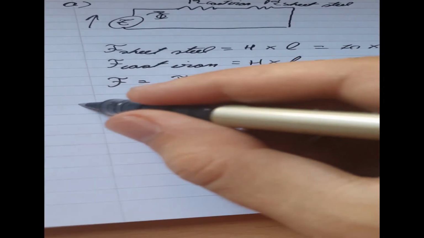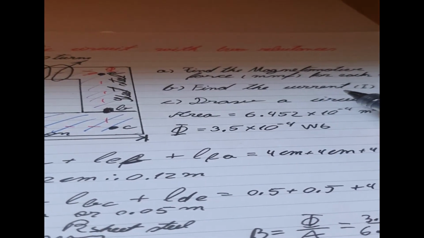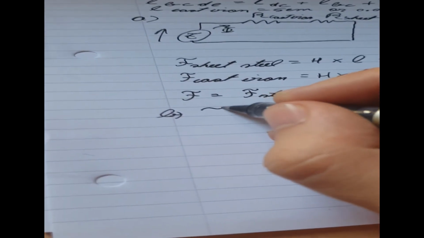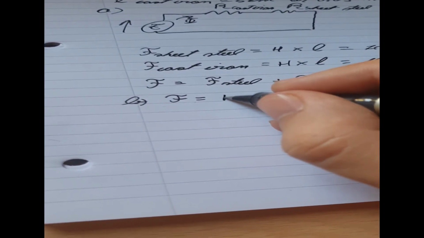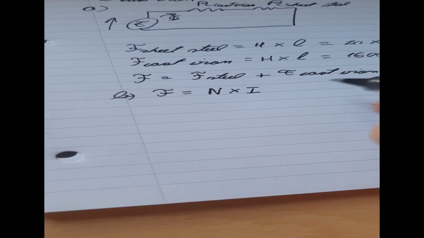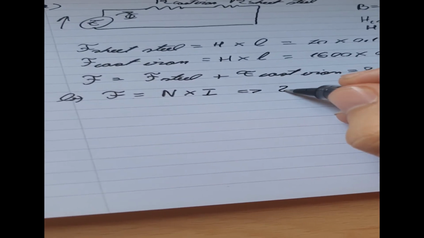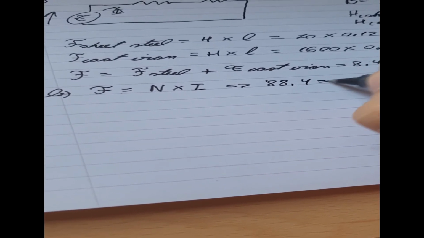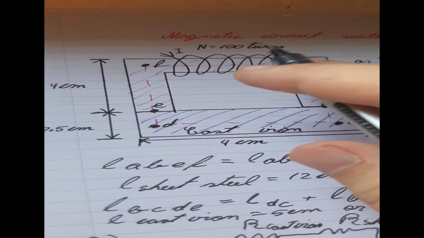And because we found the total one, question B is asking us to find the current I. And now we can easily find it from this formula right here. MMF is equal to the number of turns multiplied by the current. So let's write it down. MMF is equal to the number of turns multiplied by the current. And we know the MMF being 88.4, and we know the number of turns as being 100.